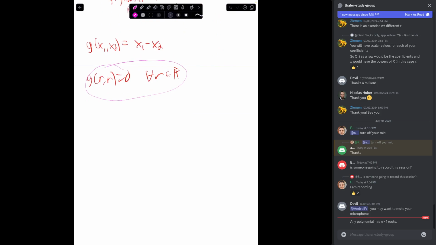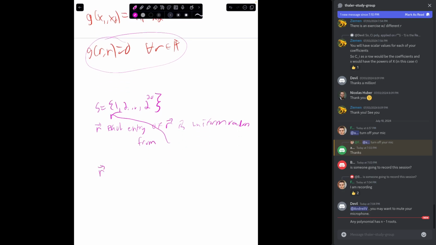A product set would be like, I don't know, S is 1, 2, up to, I don't know, a million. And then each entry of R being chosen from the product set S to the n means each entry of R is uniform random from S. Whereas if you set R to be powers of a single r, all of the entries are extremely correlated with each other, right?